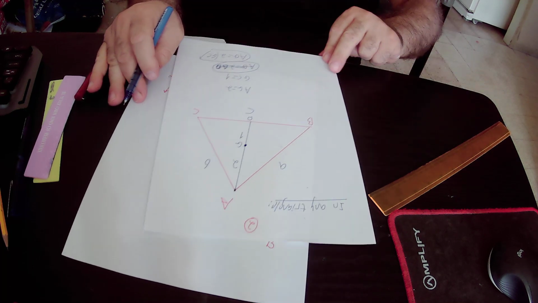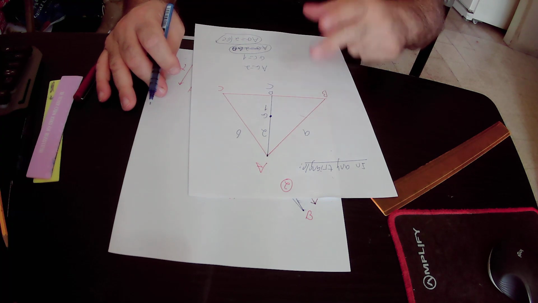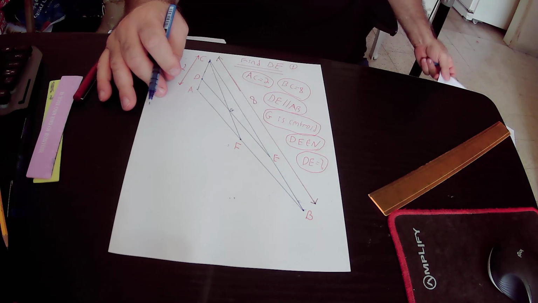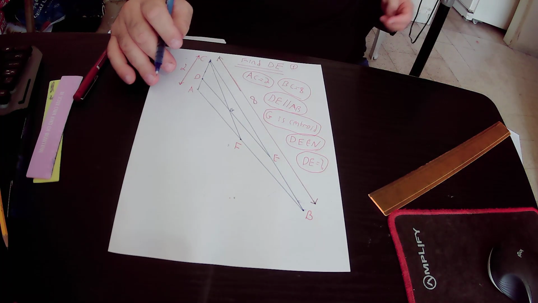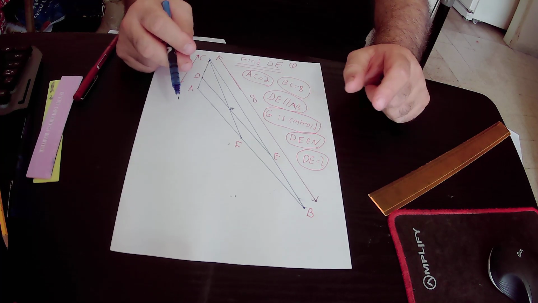So we can implement this rule in our triangle, because in our triangle we have point G that is the centroid of triangle ABC.